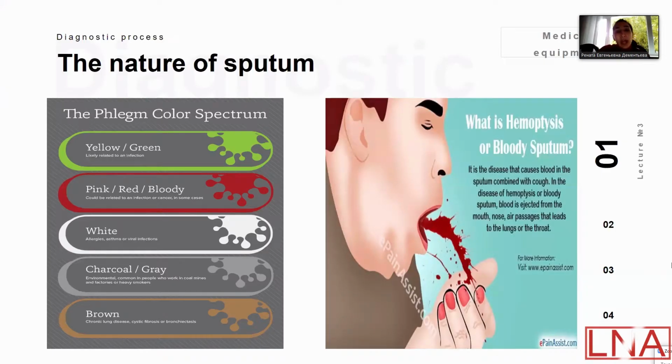And brown sputum is significant for chronic lung disease, cystic fibrosis, or bronchiectasis, a very long duration of chronic process. Yeah, chronic lung disease, cystic fibrosis, bronchiectasis, sometimes in smokers. So different colors are significant for different pathological processes, but in all these cases, it will be sputum inside the trachea and bronchus.